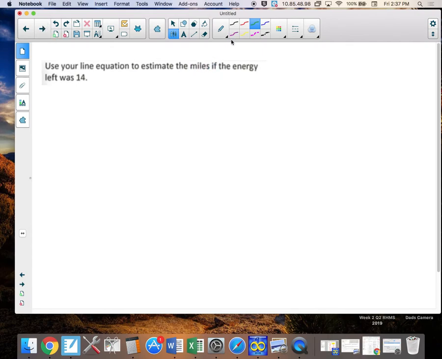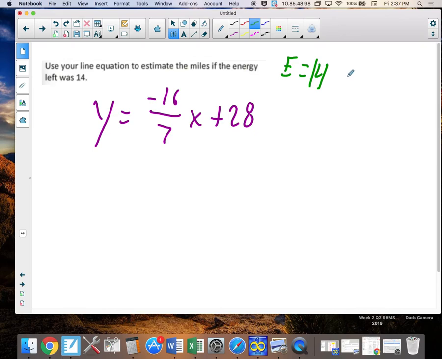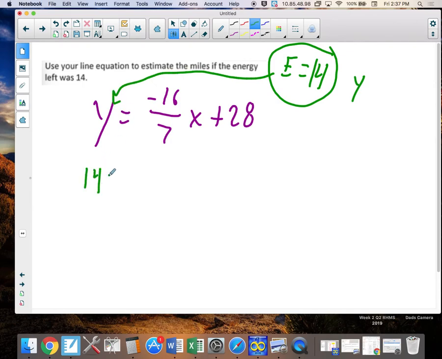And the last question on the entire homework, using our line equation once again, negative 16 over 7x plus 28. We're going to plug, oh, this one says energy was 14, which is y. So we're going to take that, replace y with 14.